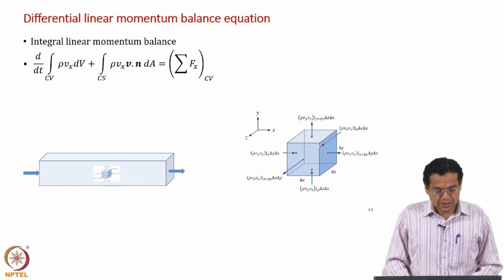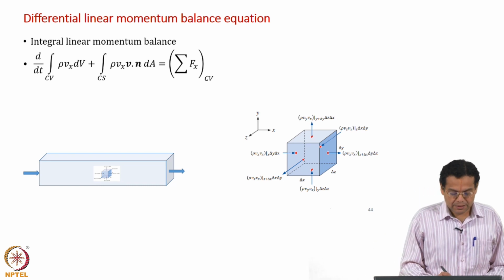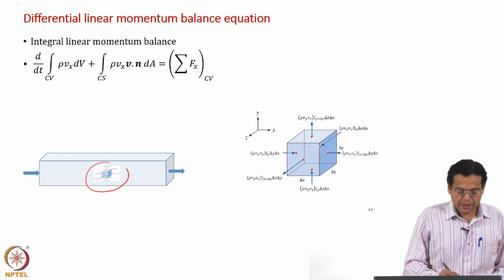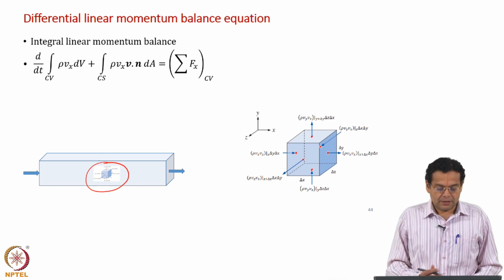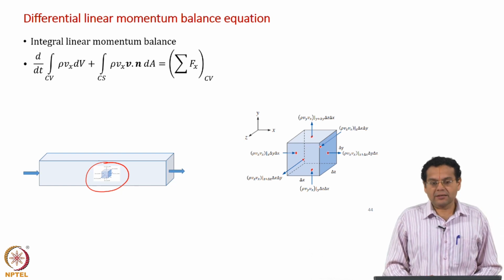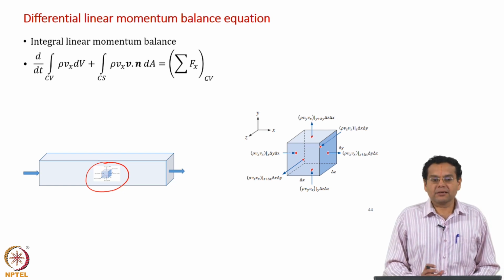Now, we will consider a small control volume as shown here, and this small control volume is inside a pipe of a rectangular cross section. As explained earlier, we take a rectangular cross section so that we can work in Cartesian coordinate system.